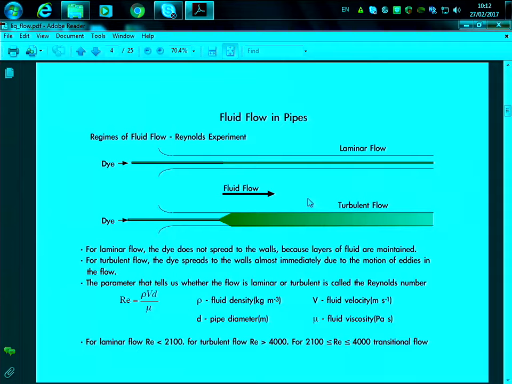For turbulent flow, the Reynolds number will be higher than 4,000. And if it's between the two of them, it's transitional flow. And normally we can use it to help us calculate sometimes the friction factor. Okay? So we will see how we use the Reynolds number later on.